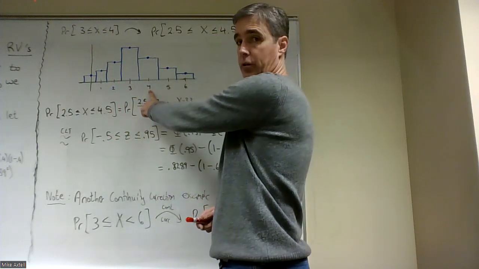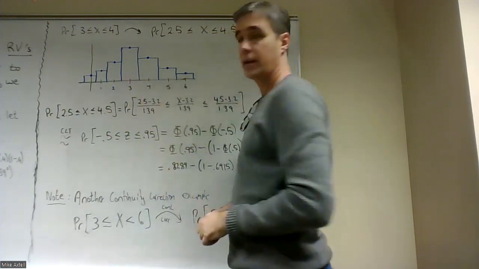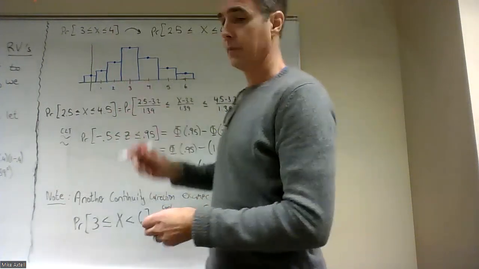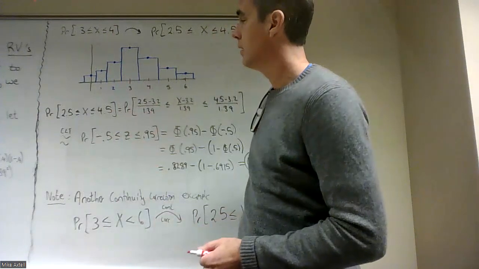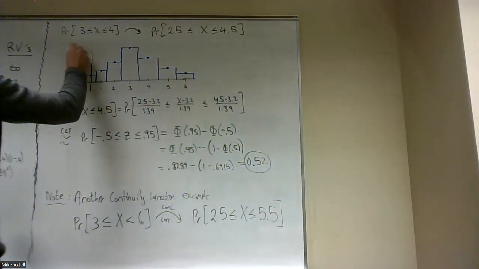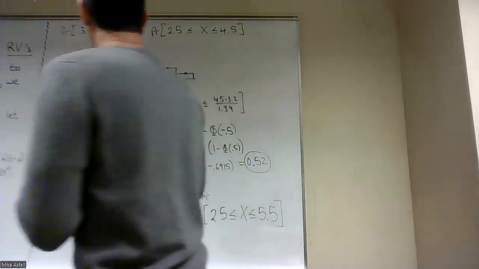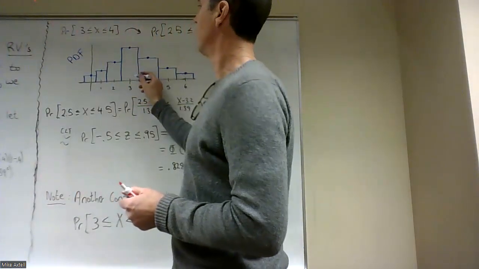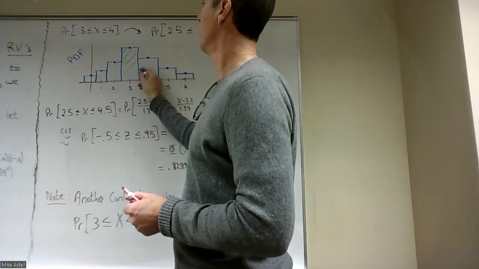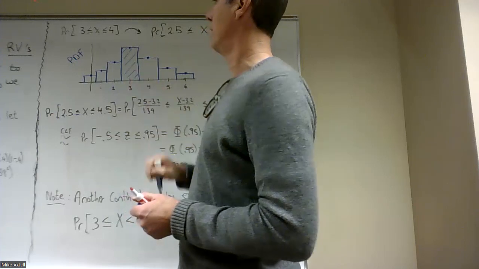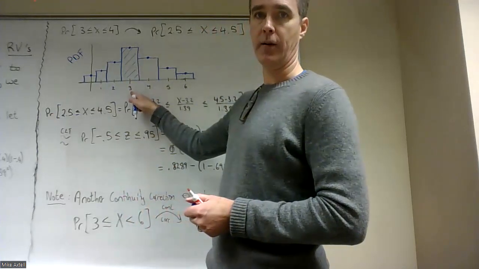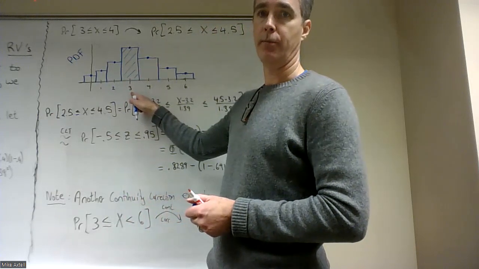And I can illustrate those probabilities on this histogram by saying, look, I'm going to grab my PDF values, which is on the vertical, and I'm going to define the value to be the area of this bar, which has width of 1. So that area is the probability that X is 3 using the binomial PMF.